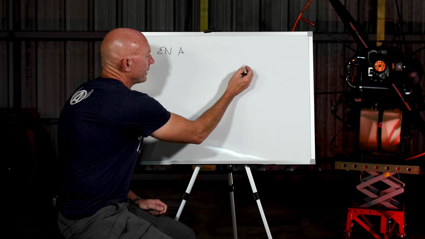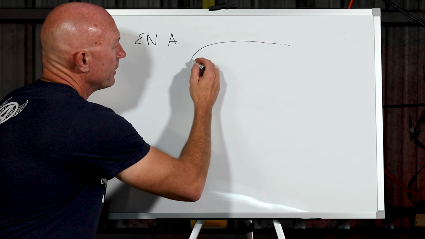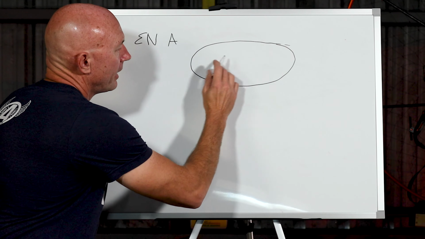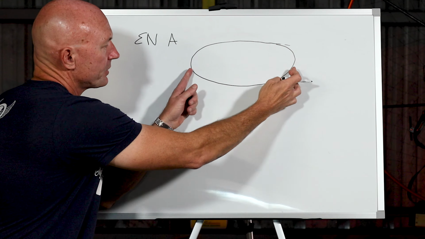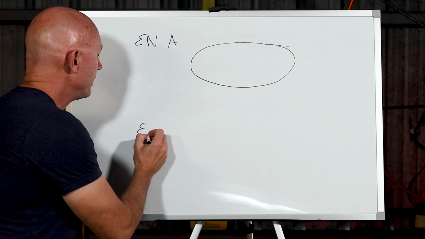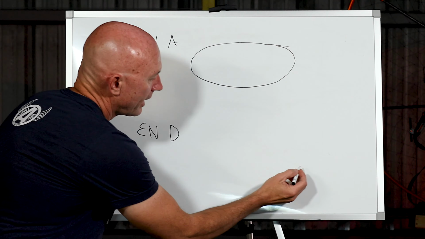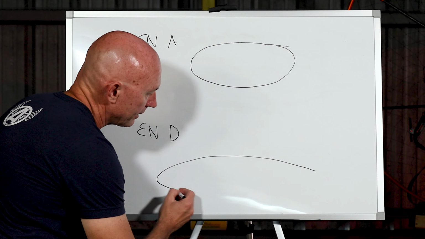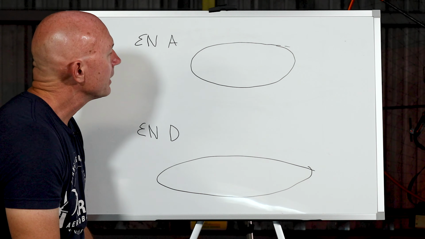If you looked at the top of them, an EN A wing is going to be nice and thick. It's got a large chord versus its wingspan. At the other extreme, like an EN D wing, the aspect ratio is very high. It's going to look extremely elliptical, very stretched out.